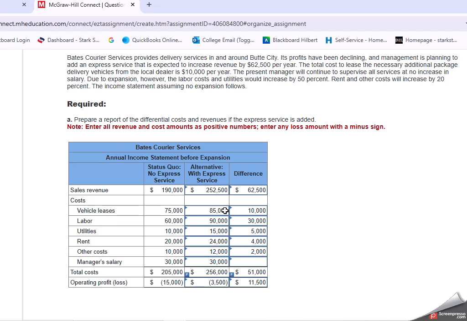$85,000. Then the labor is going to increase by 50%. So if we take 60,000 times 0.5, that is a $30,000 increase, and then we're going to add that back to the 60. If your calculator has the percent button, you could take 60,000 and then add 50%, and you'll get the answer.